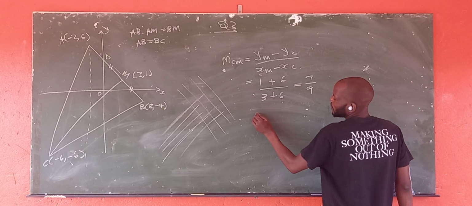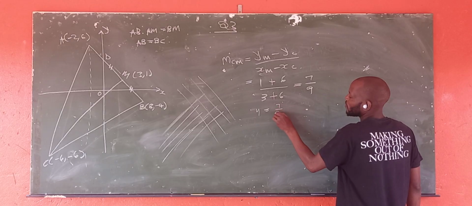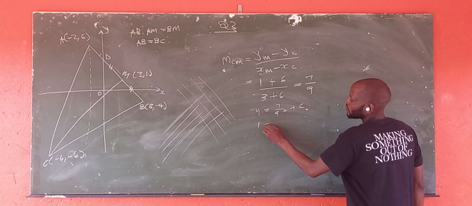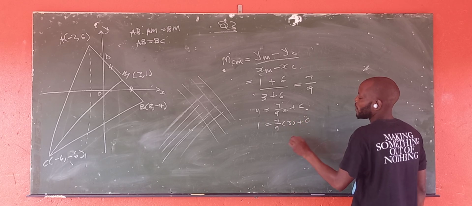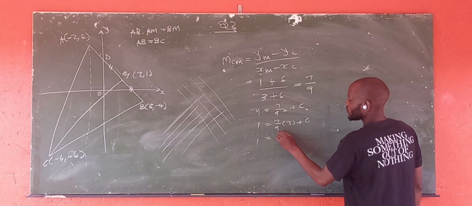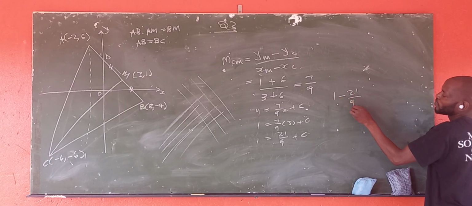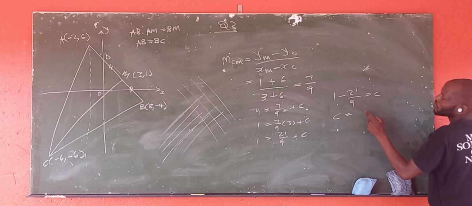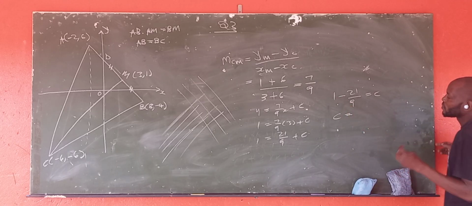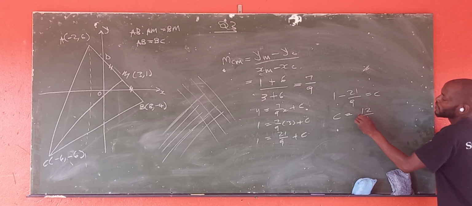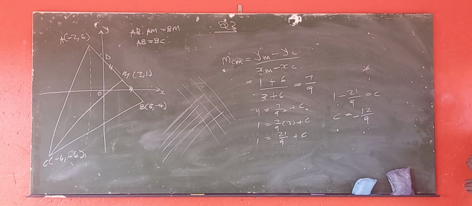So we have the gradient now, and then we can say y is equal to 7 over 9 x plus c, and then choose one point, either C or M. Choose M. So y is 1, x is 3, so 1 is equal to 21 over 9 plus c, and then c is equal to 1 minus 21 over 9. 9 minus 21 is negative 12, so it will be negative 12 over 9, which is the same as negative 4 over 3.